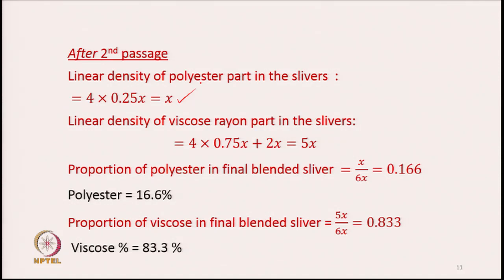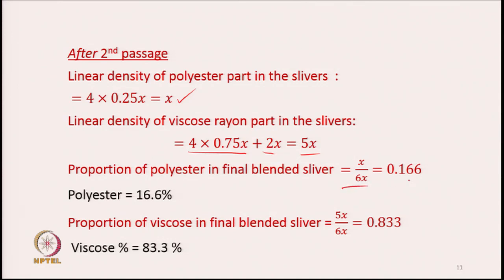So, that will be 2x. Therefore, the total linear density of the viscose part in the feed is going to be 4 into 0.75x plus 2x, that will give you 5x. So, that means at the feed point we have x of polyester and 5x of viscose rayon. So, what is the proportion of polyester in the final blended sliver going to be?